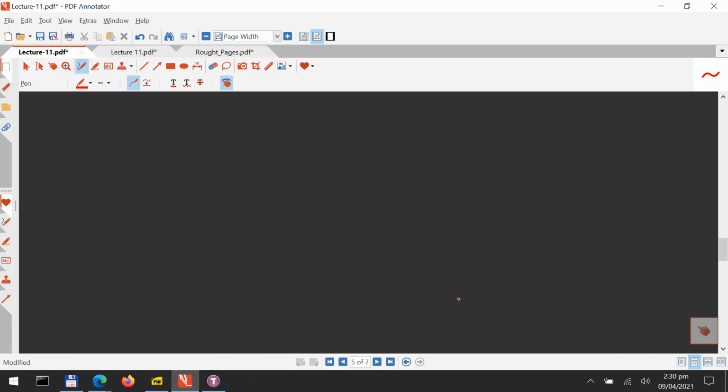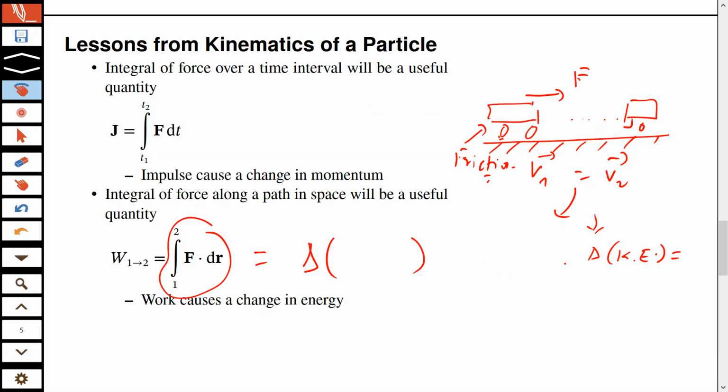What is the change in kinetic energy here in this example? If this is constant velocity, the change in kinetic energy is 0. Has the potential energy changed here? No, because there is no height involved. So potential energy is also 0.